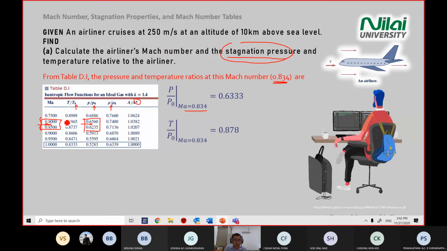Same with the temperature also. You take the value at Mach number 0.834. You can use 0.8 and 0.85, and find the interpolation value at this point. You'll get around 0.87 or 0.88.